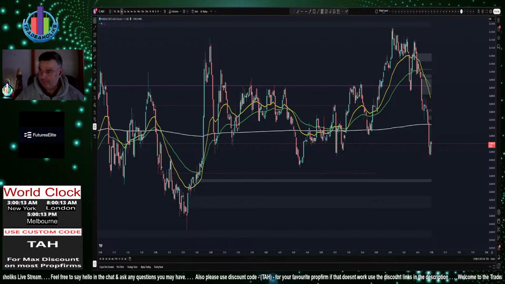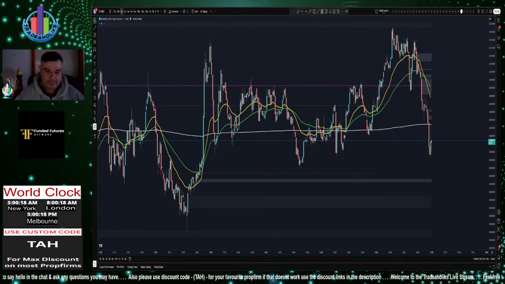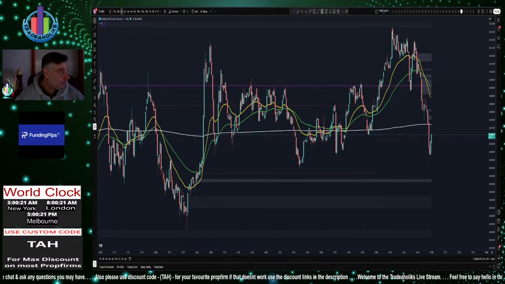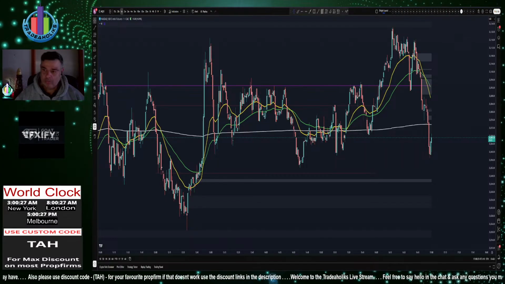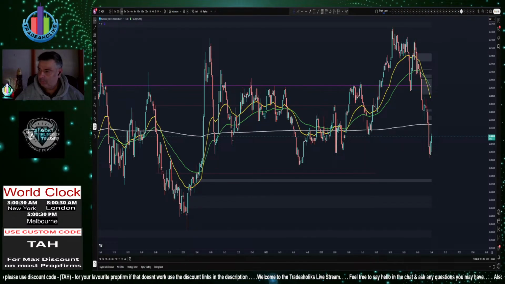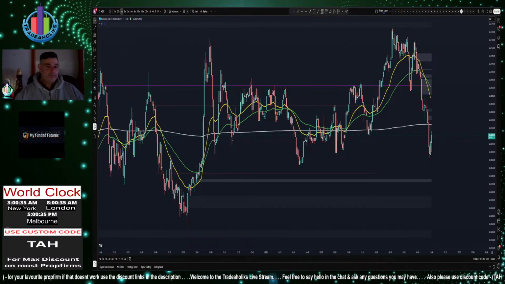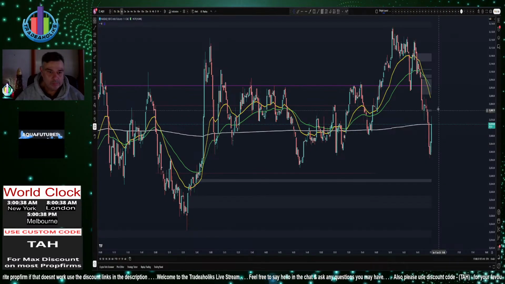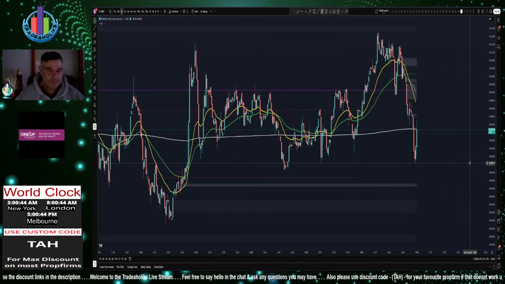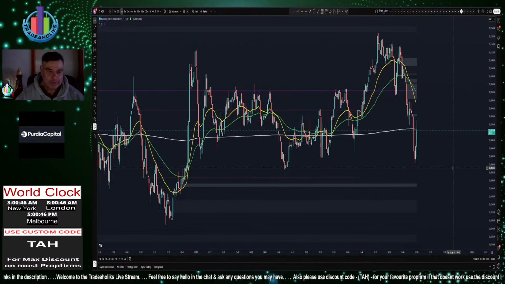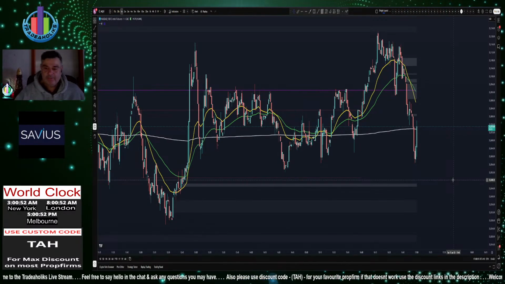I haven't got the bell actually, but we are in the London session now. Closing that gap. Punch to the VWAP, back into the 70s.